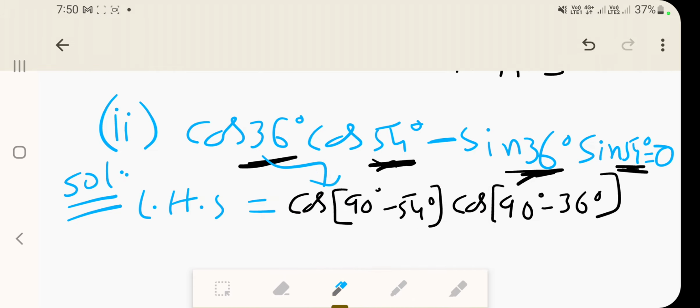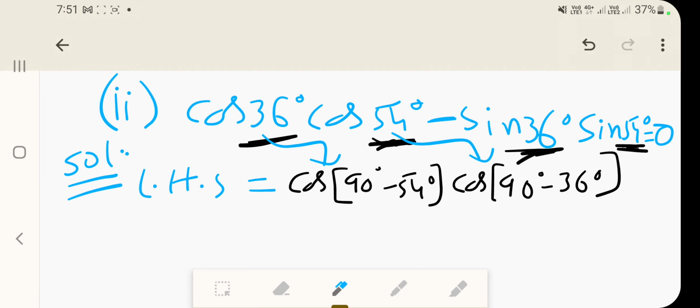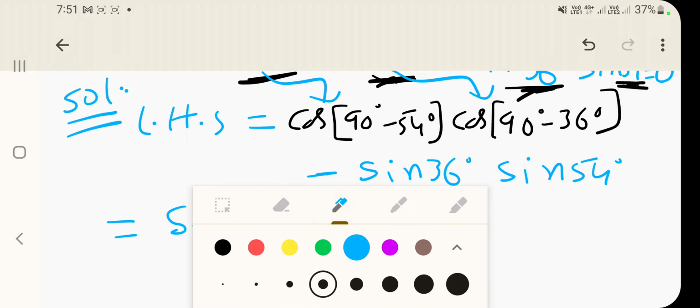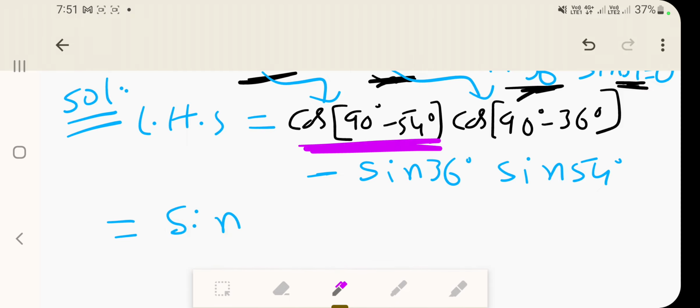Cos 36 we can write as cos(90 − 54), cos 54 we can write as cos(90 − 36), minus, as usual whatever is given, sin 36 degrees into sin 54 degrees. We know the formula that cos(90 − θ) is sin θ. Here θ is 54 degrees, so we can write it as sin 54.